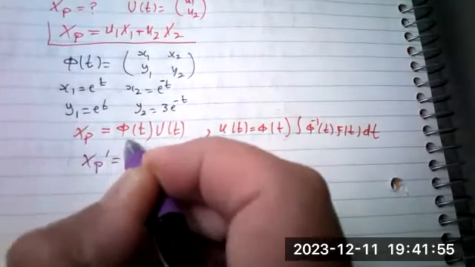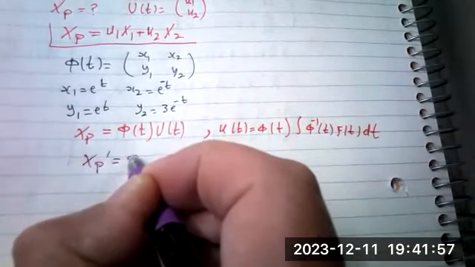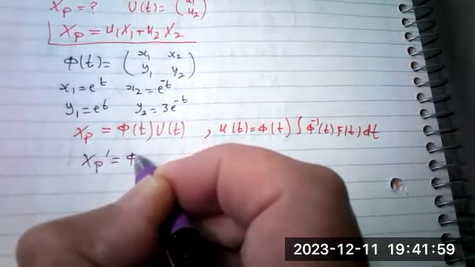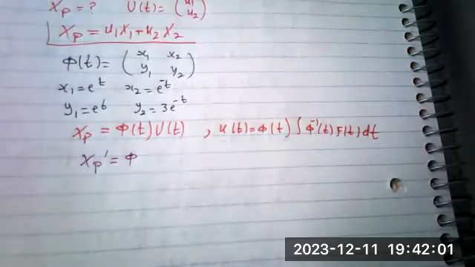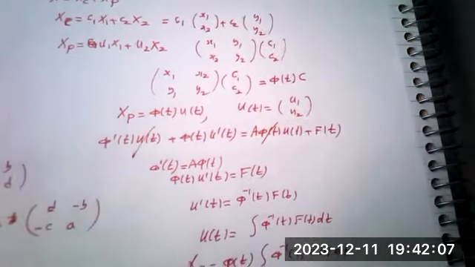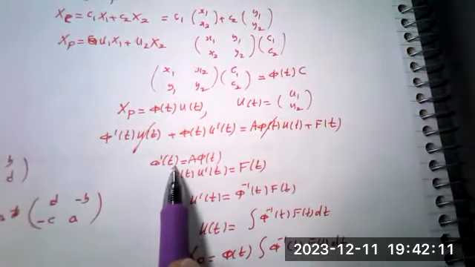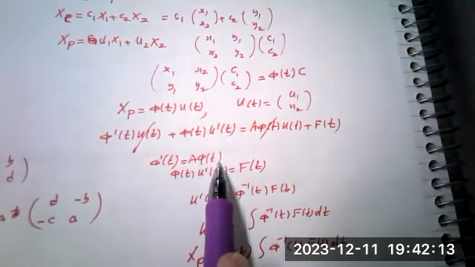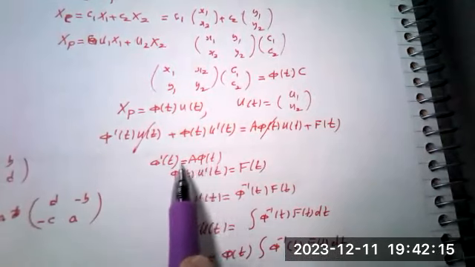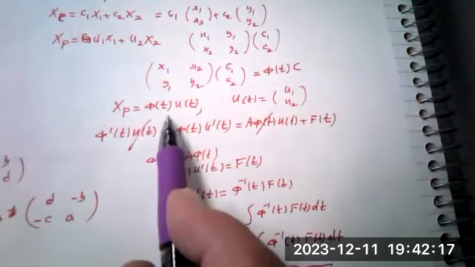xp prime was equal to phi of t. Let's just bring that rule up so that you can see it. This is the proof that we did. We arrive at the fact that phi prime of t is equal to A phi of t, and we use this one to be able to do the job.